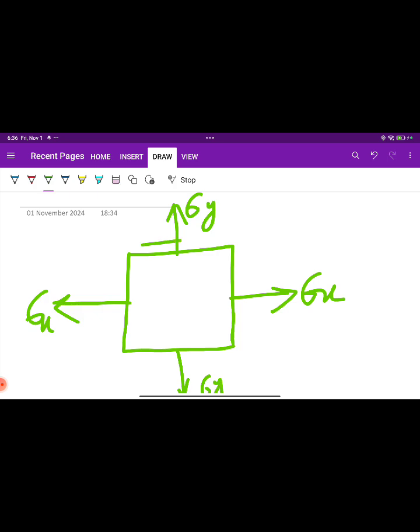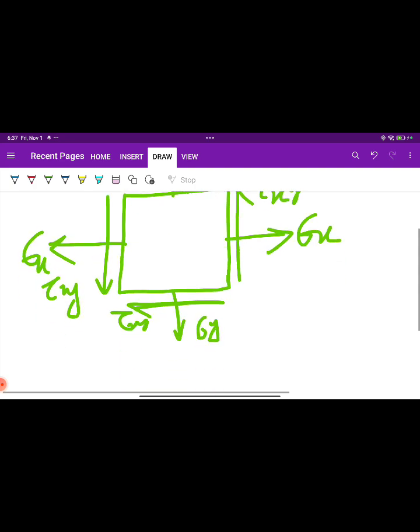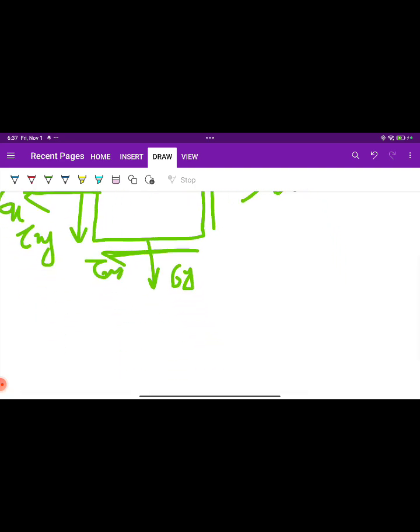This is normal stress and this is shear stress, tau xy, like it's connecting like this, no? Tau xy, and this is also tau xy, and these are the shear stress. As we know, shear stress is denoted like this, and this is in the 2D figure. It has a 3D figure as well.